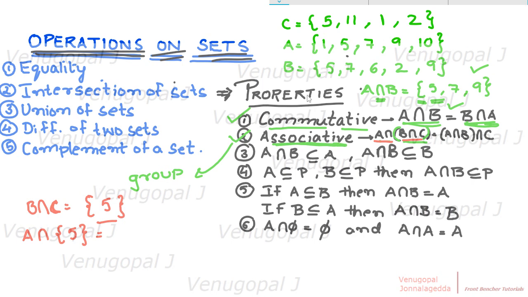So if I do A intersect C, I am getting 5 and 1. Okay, sorry, I am getting only 5, right? Because we don't have 1 and it's a singleton element. So 5 is the only one. Since it's singleton, we have 5, right? So we are done with the left hand side, the LHS.